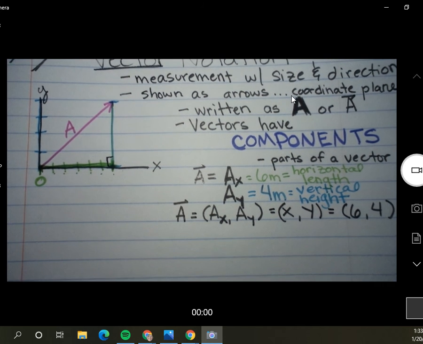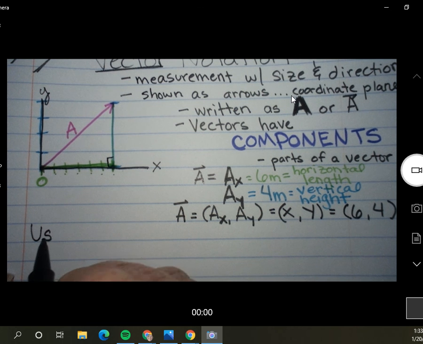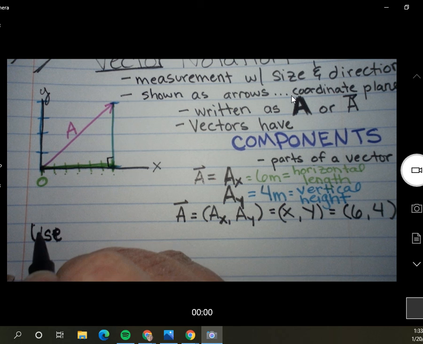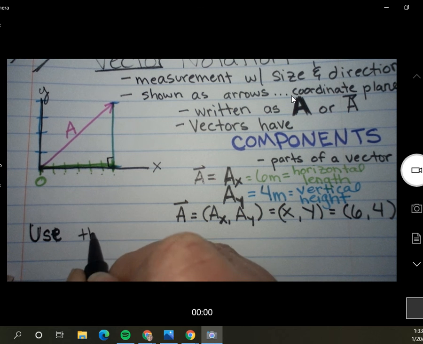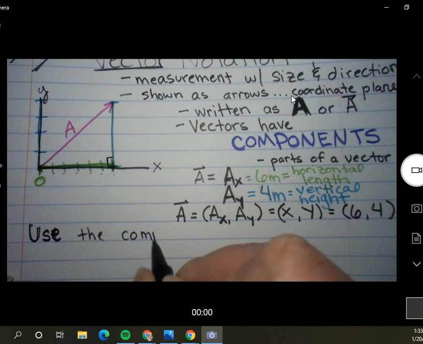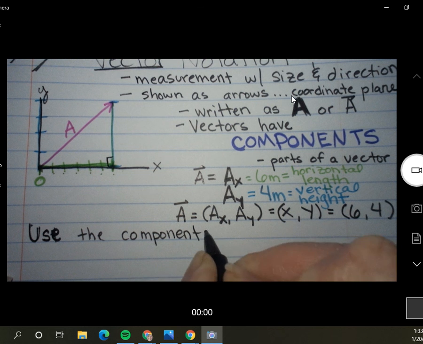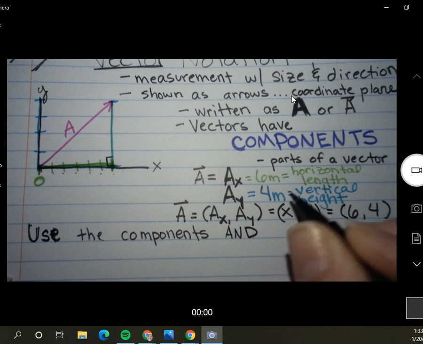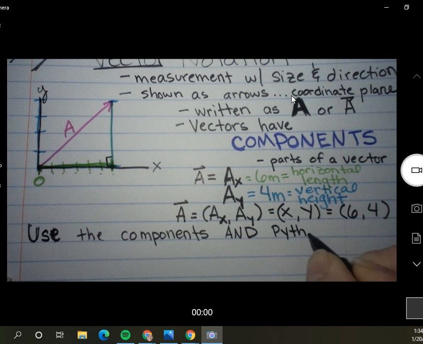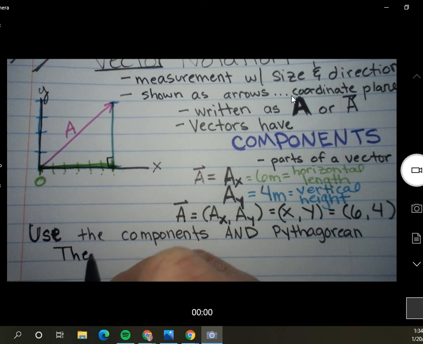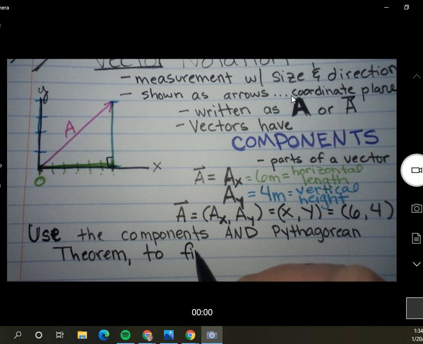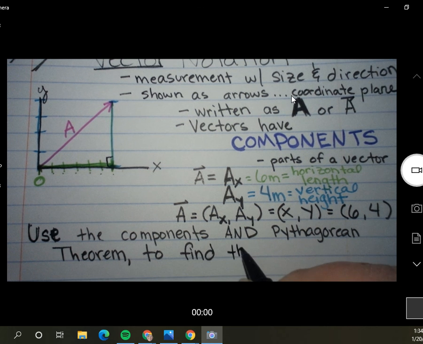So let's be really clear, and we'll go ahead and write. Use the components and Pythagorean theorem. Watch me spell it wrong. To find the magnitude of the vector.